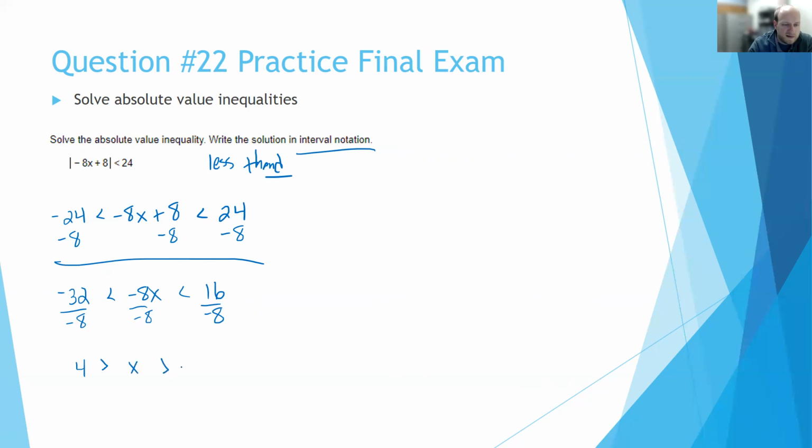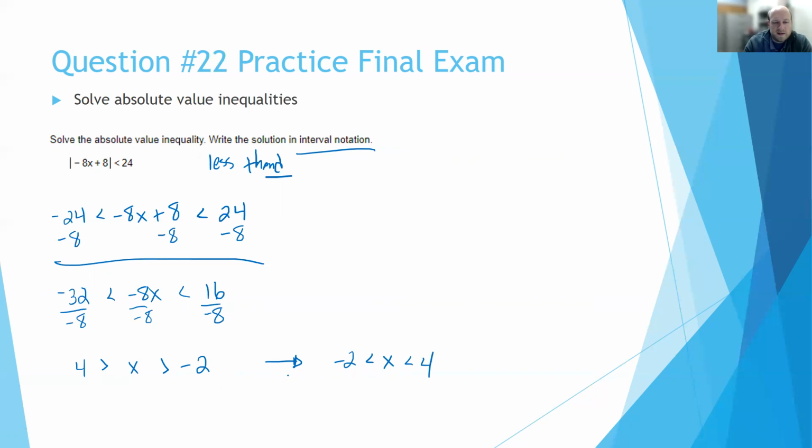X greater than negative 2. You're going to want to rewrite that as negative 2 is less than x is less than 4. So we always write it with the smaller number on the left, and we would never really leave it in this form.